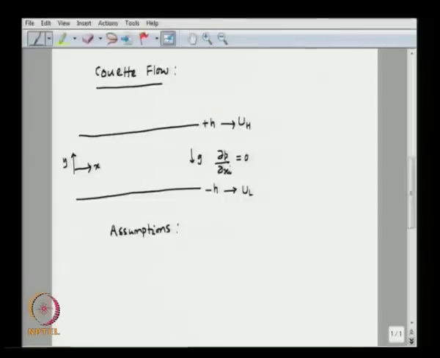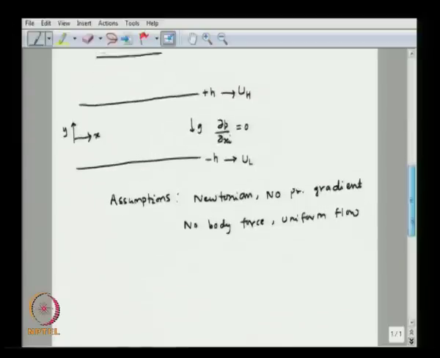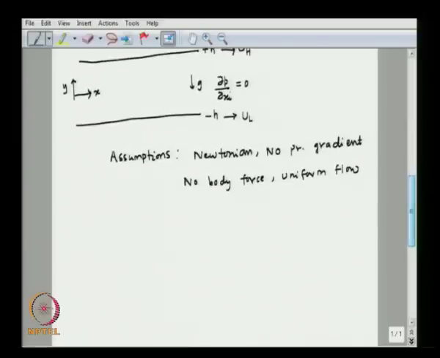So with those assumptions, we have Newtonian, no pressure gradient, no body force, and uniform flow. Okay.